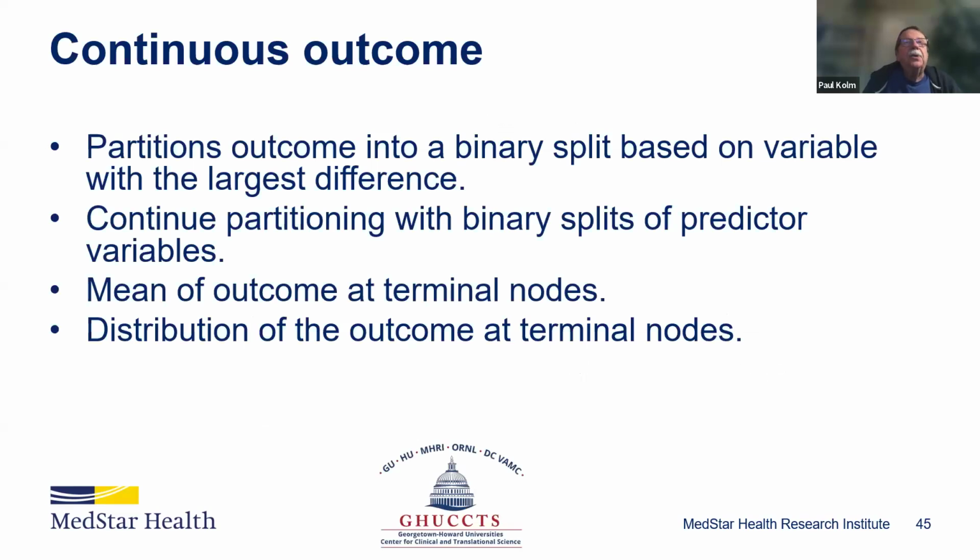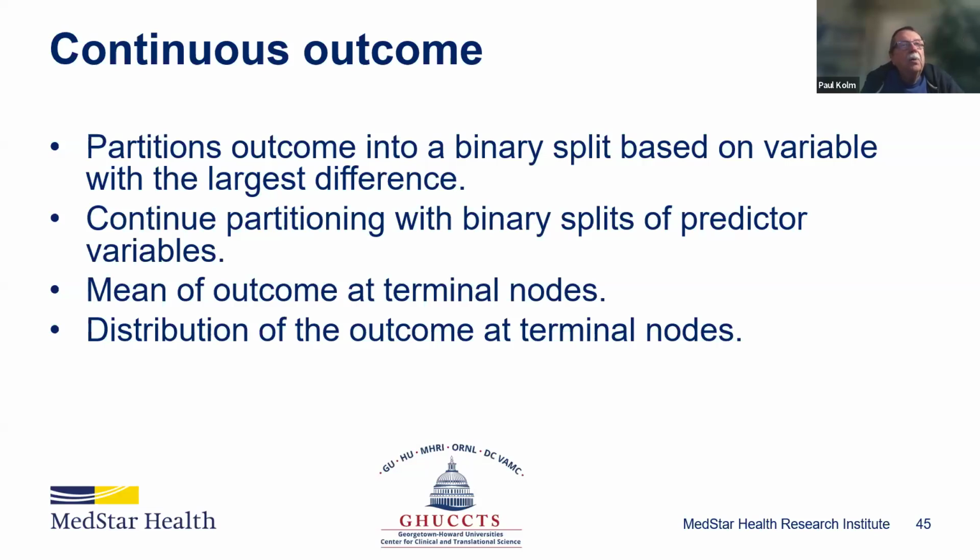Okay, I want to end up with just an example. This is not actually from real data, I just made it up. But if we have a continuous outcome, then it partitions on a variable that has the largest difference as far as the continuous outcome is concerned. And then just as in the classification, we continue partitioning with binary splits of predictor variables.